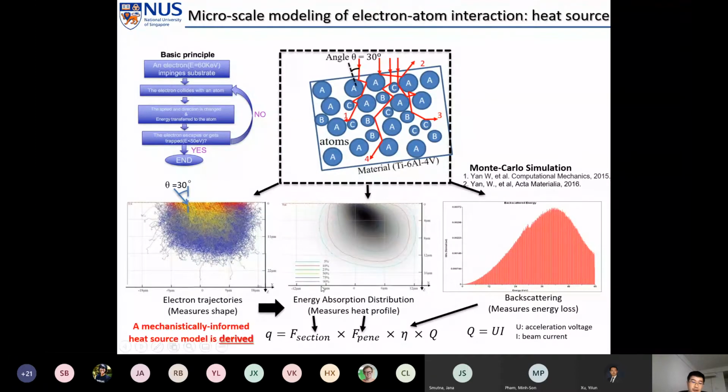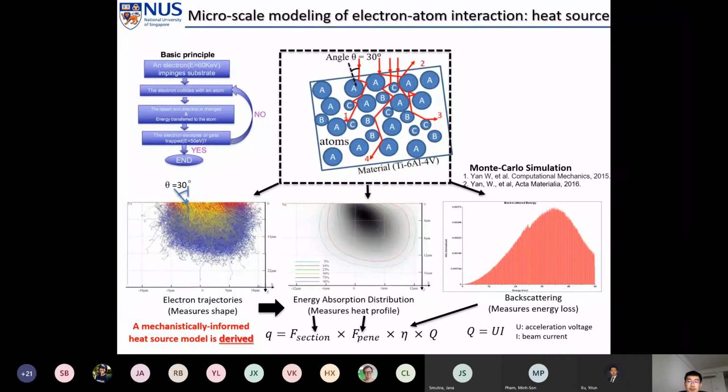So this is a physically informed heat source model. So there are not many assumptions. The energy transfer from the electron to the material is a collision between electron and atoms. So they are basically governed by the equations from quantum mechanics.